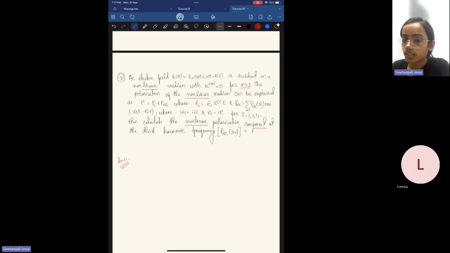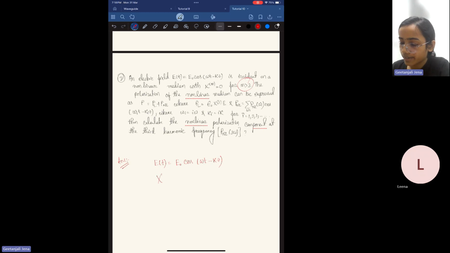In the second question, an electric field is given, with expression E(t) equals E0 cos(omega t minus kz). It is incident on a nonlinear medium with chi m equal to 0 for m greater than 3.